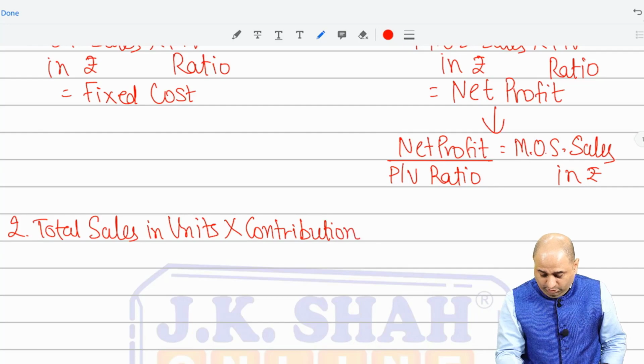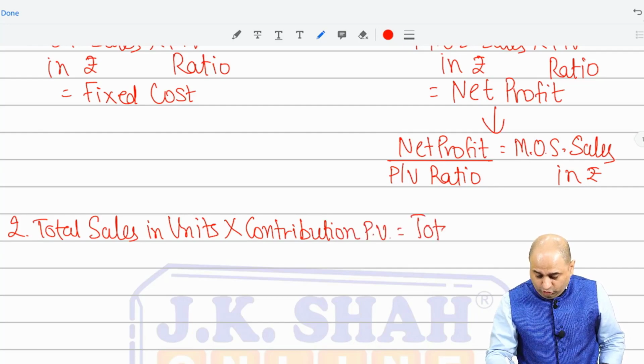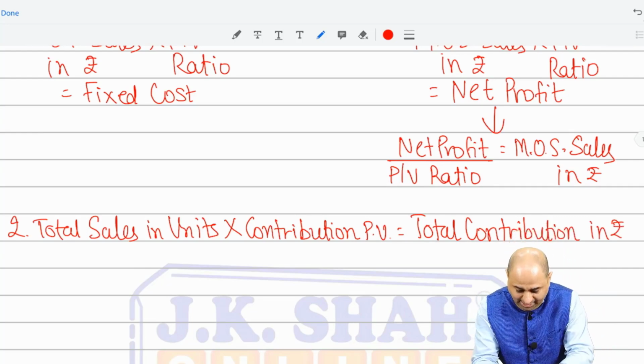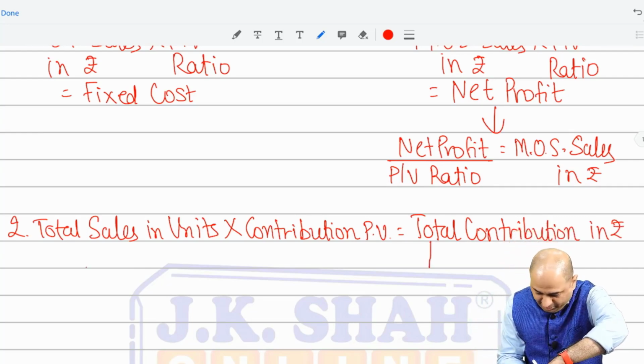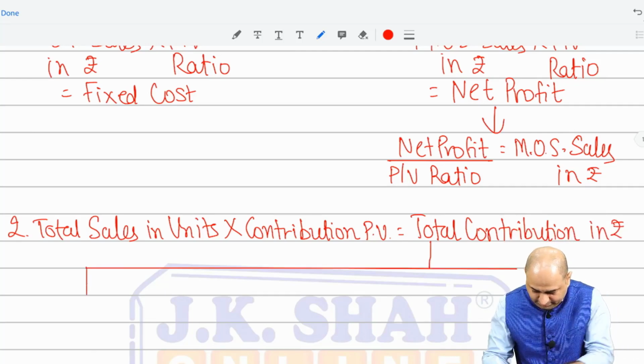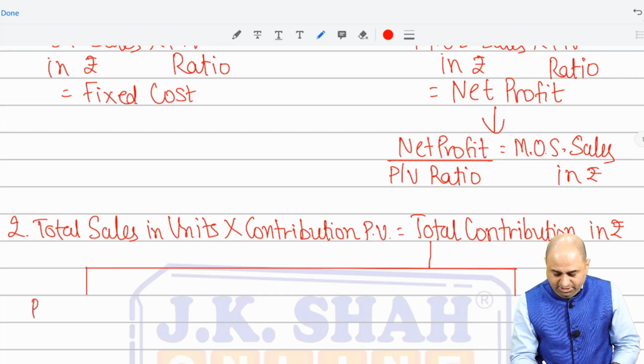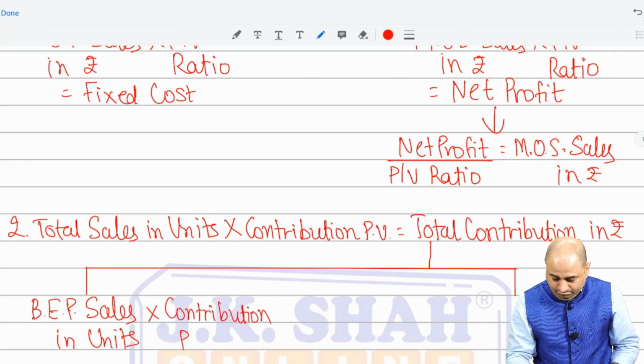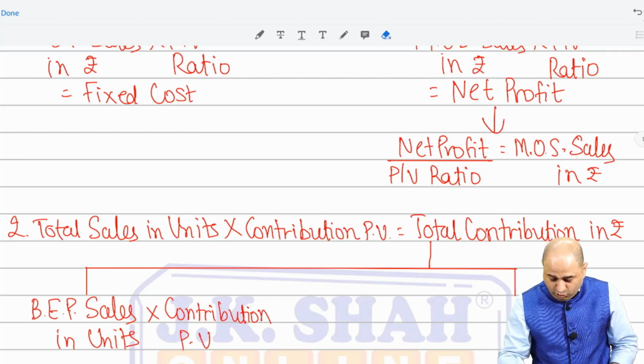I'll write it this way: total sales in units into contribution per unit is equal to total contribution in rupees, and that, my dear friends, can be divided in two parts: BEP sales in units into contribution per unit, and that will surely give me fixed cost.